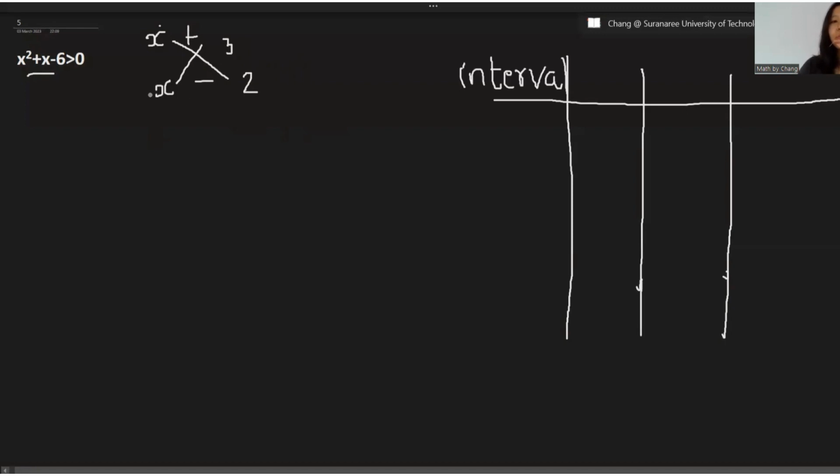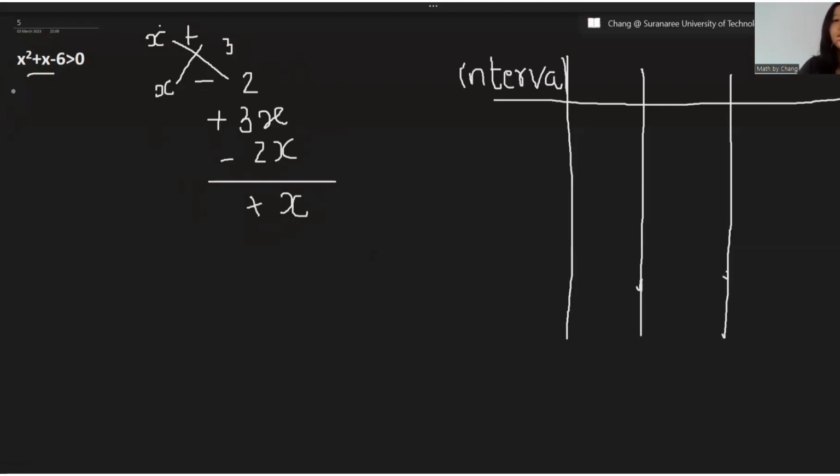Okay, let's check. X into plus 3, you will get plus 3x. Minus 2 into x, you will get minus 2x. So when you solve this, you will get plus x. All right, you get the middle one, plus x, so it's correct. So you have to take these two values, x plus 3 into x minus 2.